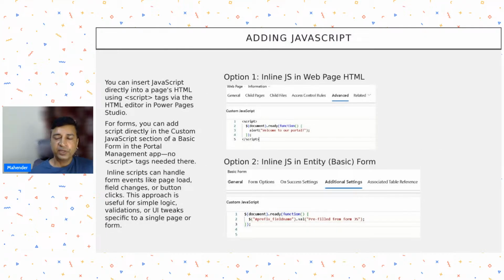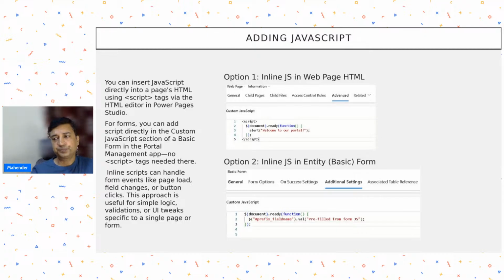Now we know what the places are where we can apply our JavaScript, and we know how we can refer to form components, the form object, and the fields that we have on the form. Now let's see how we can apply this JavaScript in those places.